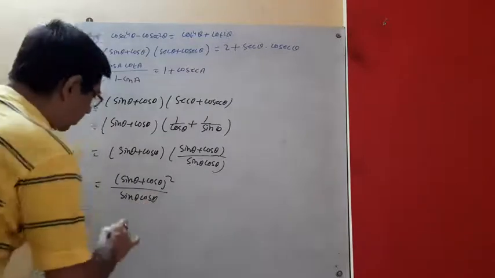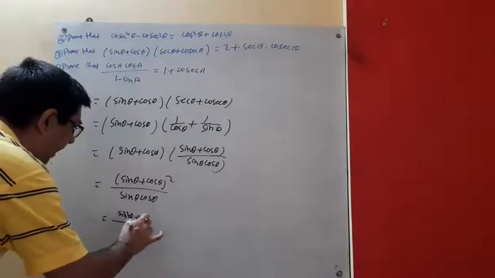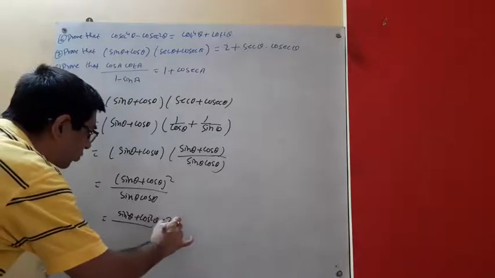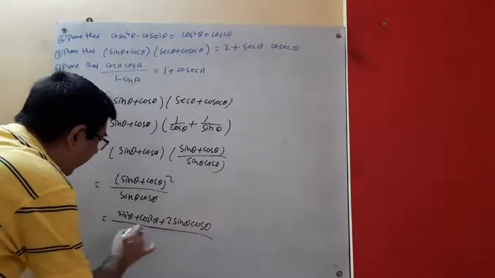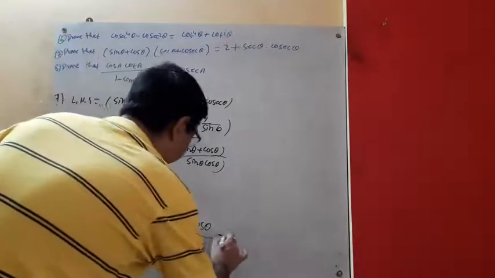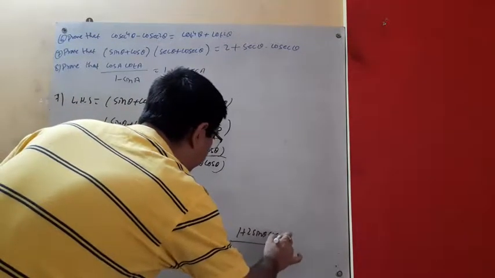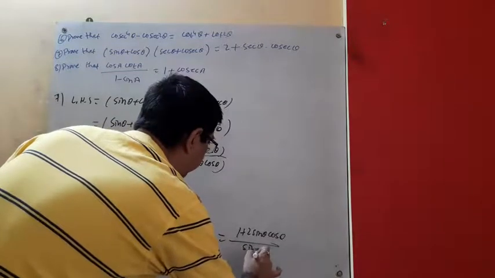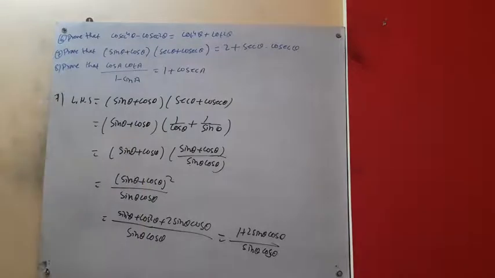Okay, so what we are getting, a plus b whole square, that is a square plus b square plus 2ab, right, by sin theta cos theta, right? That is equal to 1 plus 2 sin theta cos theta by sin theta cos theta, right? Okay, pause the video to note it down.